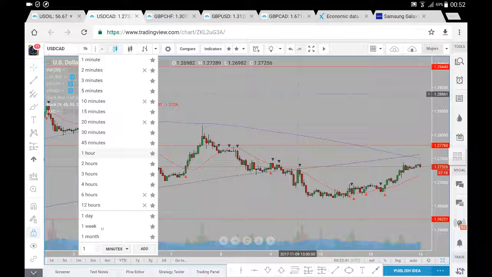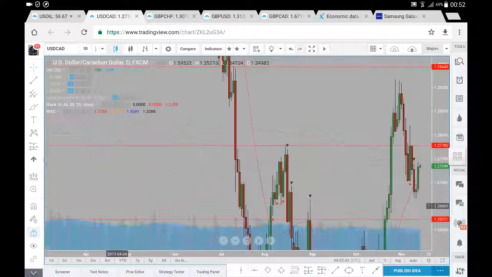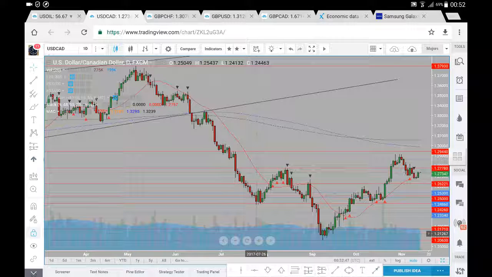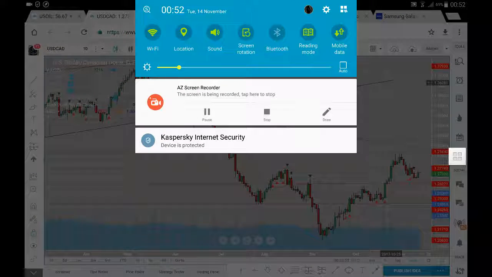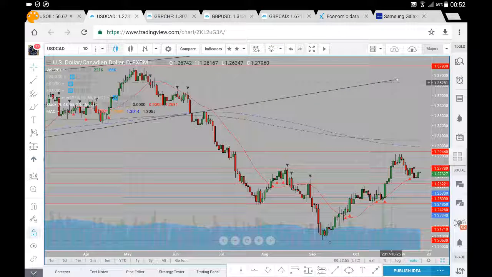Now we're just going to have a look at the daily chart and the weekly before we wrap up here. As you can see on this daily chart, we've got strong bullish upside momentum, and the most recent trend has been somewhat bearish.